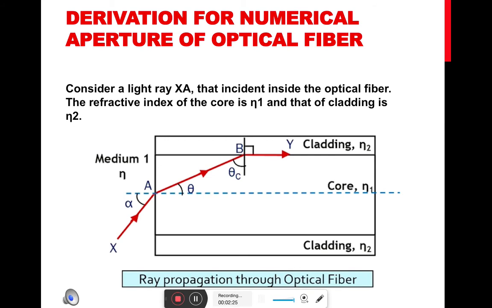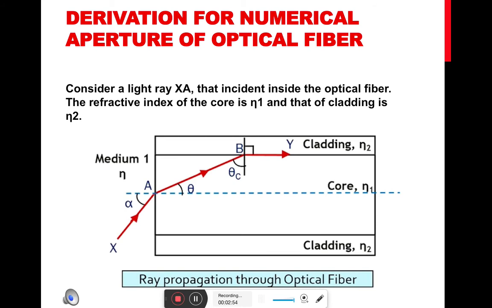That ray gets refracted with an angle theta with the fiber axis. We'll apply Snell's law in this case. And secondly, this refracted ray again touches the core cladding interface. Here the medium 1 is the core medium and the medium 2 is the cladding medium, represented by the refractive index n1 and n2. We'll be applying Snell's law for this case also.